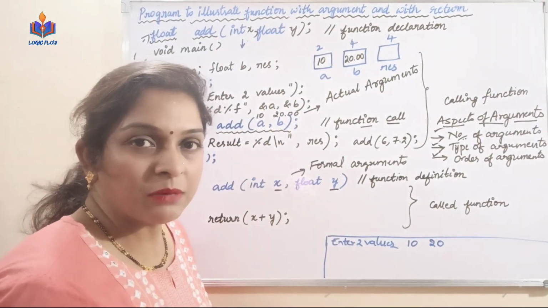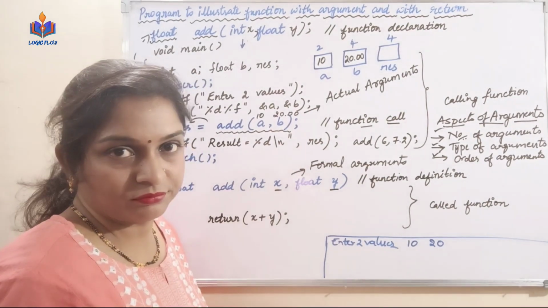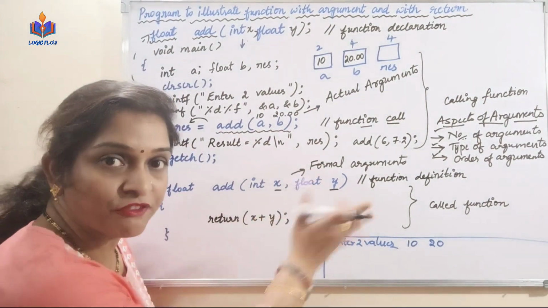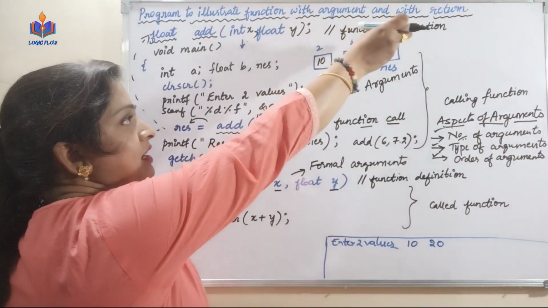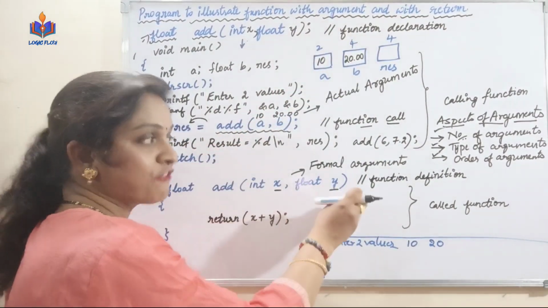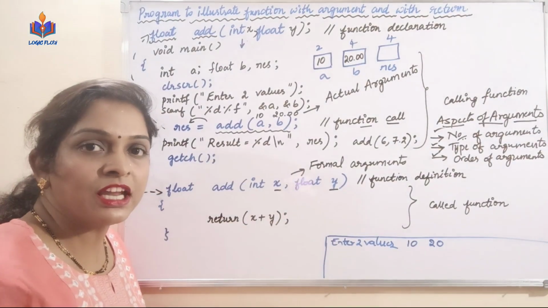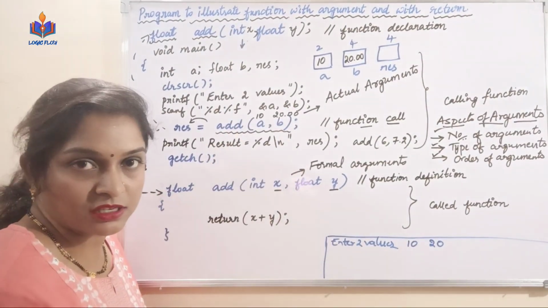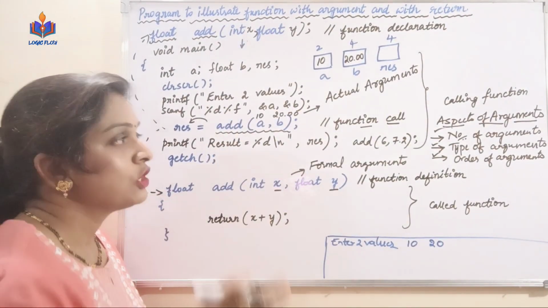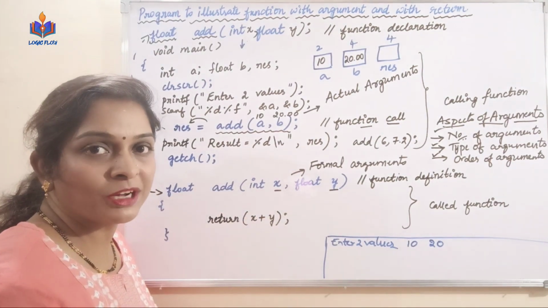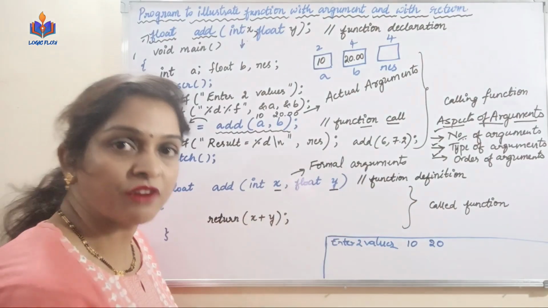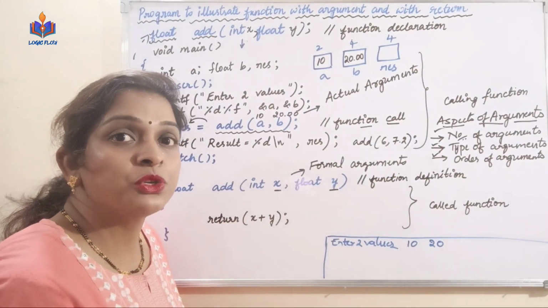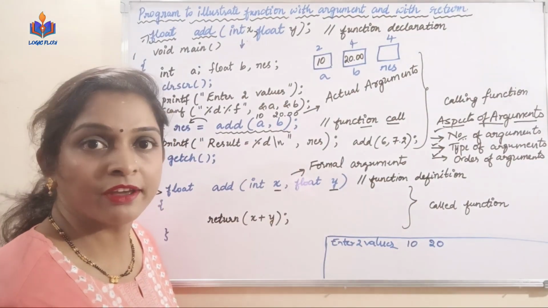But sometimes we don't mention that; we straight away mention them in the definition part. So formal arguments can be in the declaration or in the definition part, but usually it will be in the declaration part itself. Fine. So formal arguments are the arguments given in the prototype, that is the declaration part, or in the function definition, which are used to formally receive the values.